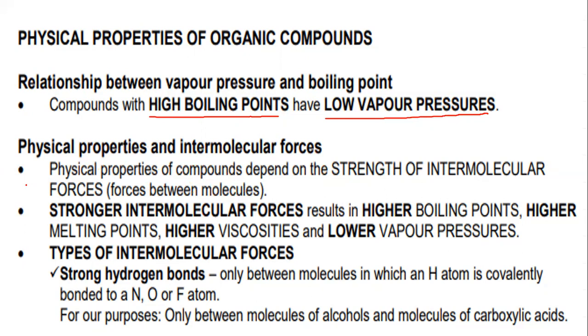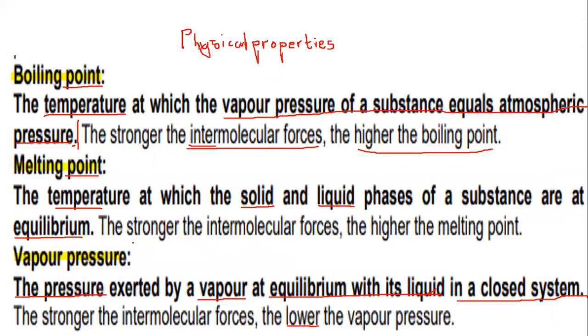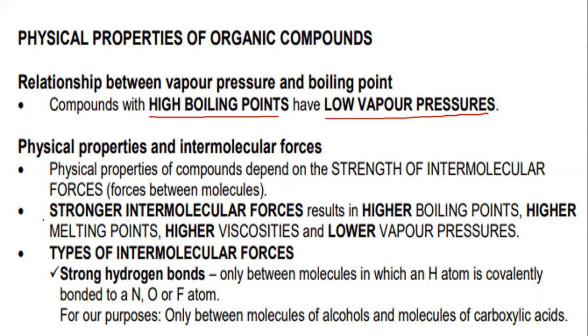It tells us that the boiling point, the melting point, and the vapor pressure of different organic compounds depend on the strength of the intermolecular forces, which is what I was telling you. The stronger the intermolecular forces are, the higher the boiling point, the higher the melting point, but the lower the vapor pressure is going to be. And you need to understand that thoroughly.